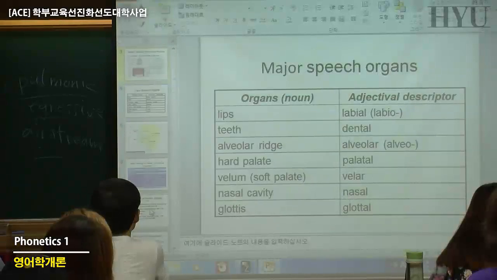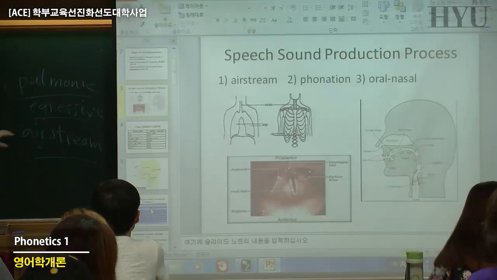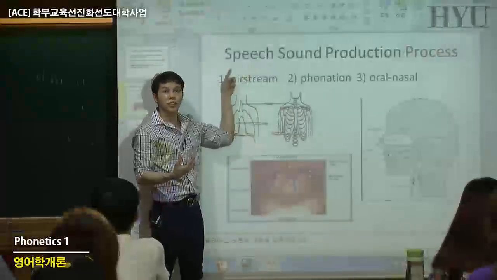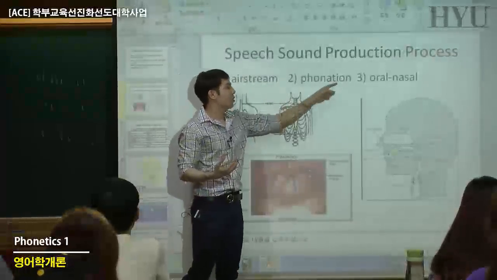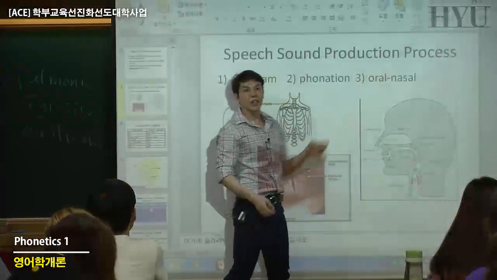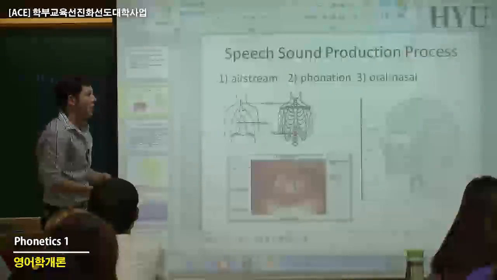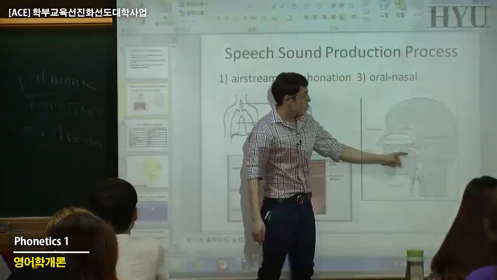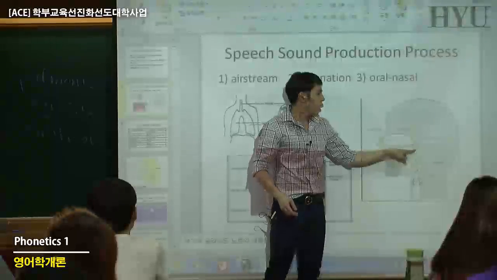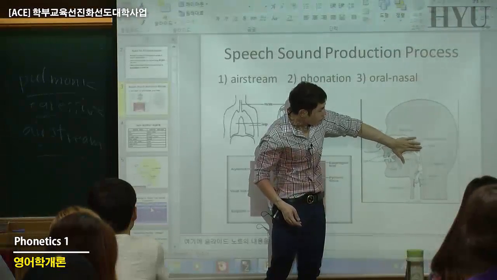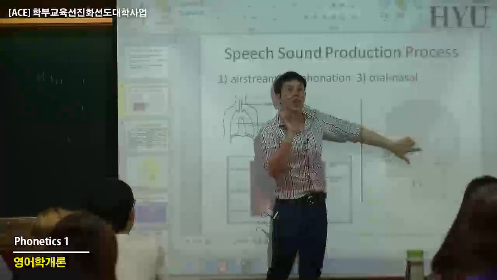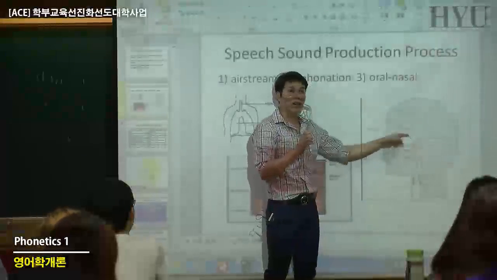So before we go on, now we study the process of sound production. It starts from the airstream step, and then it goes through the phonation process, and finally the nasal-oral process, which means that for some sounds, when you raise the uvular, it will be attached to the back of the throat, so it blocks the air from going through the nasal cavity.